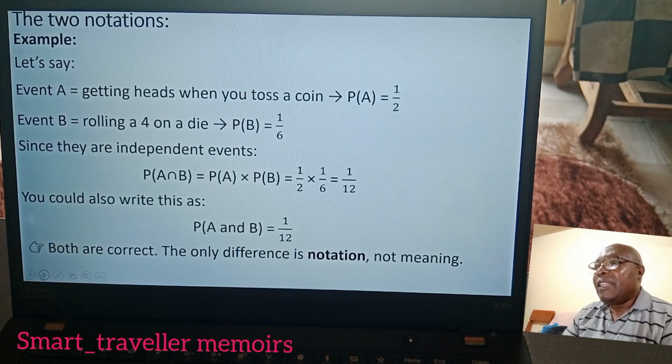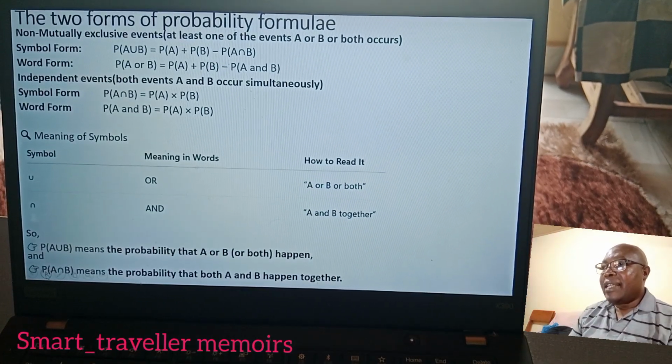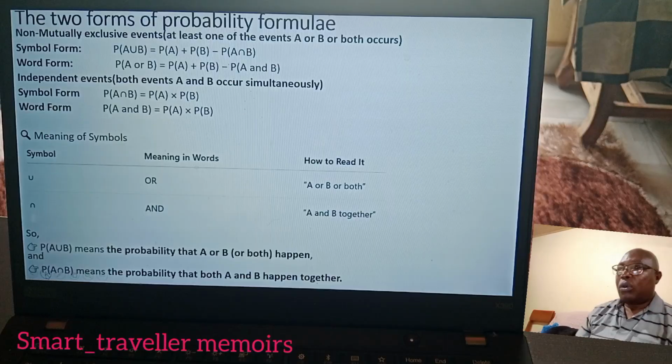Since they are independent events, the probability of A intersection B is equal to P(A) times P(B), which is 1/2 times 1/6, which is 1/12. You could also write this as P(A and B) is equal to 1/12. Both are correct. The only difference is the notation, not the meaning. One is in words, the other one is a symbol.